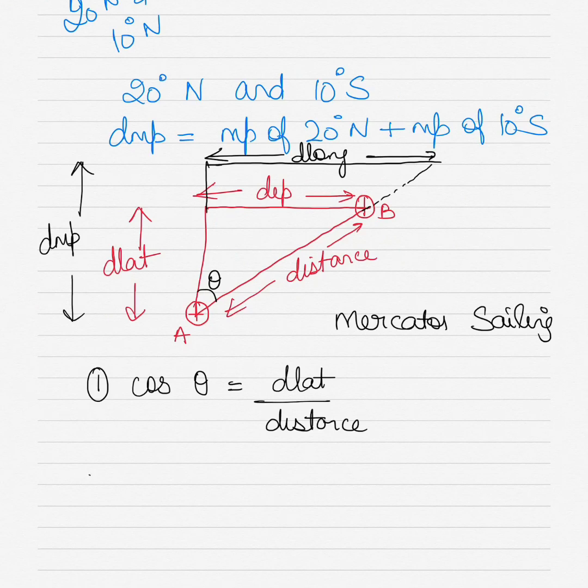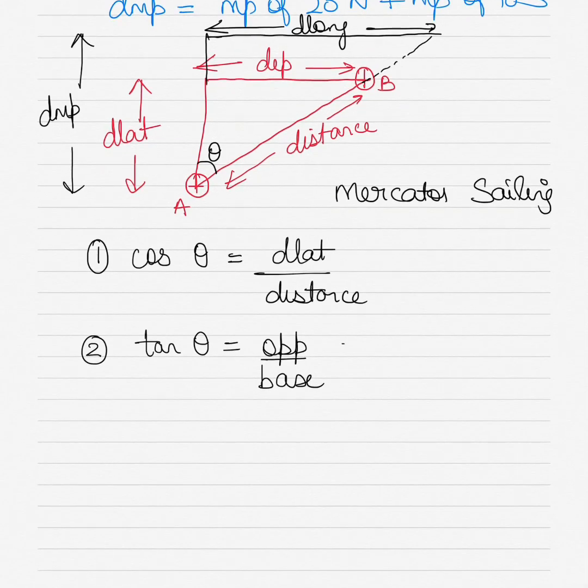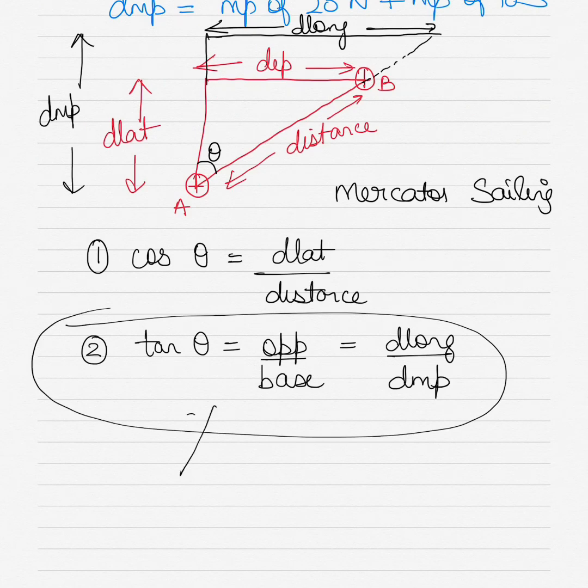So as soon as you see this, the next formula that you have to use is tan of theta, which is nothing but opposite upon base in plane trigonometry. So opposite is d long, base is dmp. This is based on the bigger triangle. So as soon as you start involving values that involve d long or longitude, you have to use the bigger triangle.